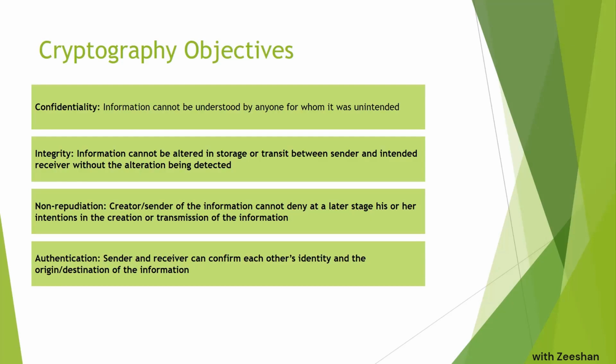Now, cryptography objectives. As I was telling you, the first thing is confidentiality. The second is integrity. The third is non-repudiation, and then authentication. We know confidentiality, we know integrity. What is non-repudiation? If I am signing a contract paper, the document is there and we sign it.